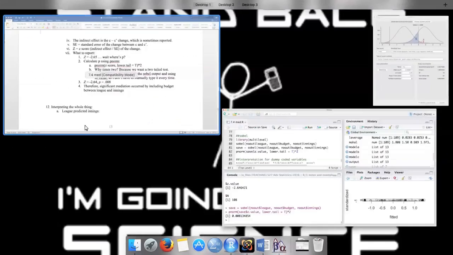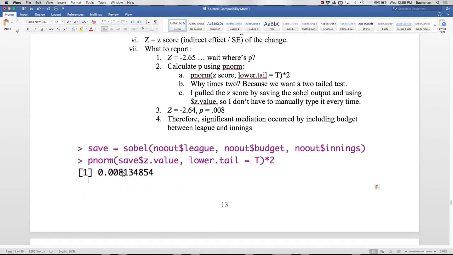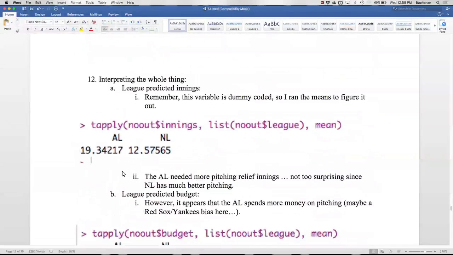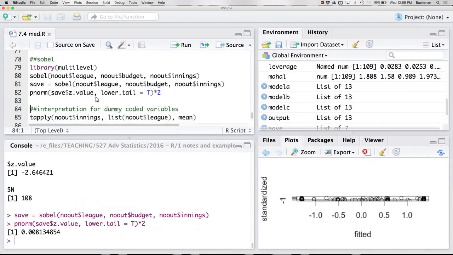Let's do this way. Now, to interpret that, since we have categorical predictors, and that's about to be on the assignment we're going to talk about here in a second, I went ahead and just was like, remember, here's how you interpret categorical predictors. So when we're talking about league predicting pitching, and I have this -6 relationship, what does that mean?